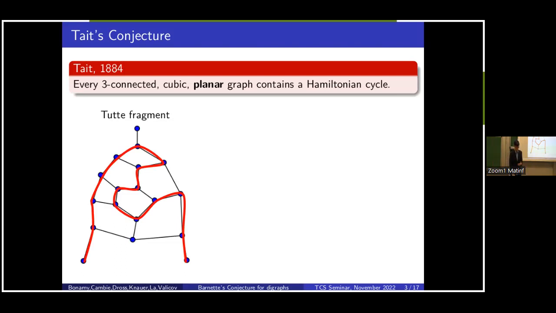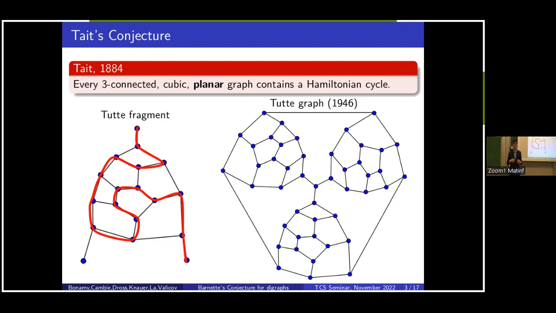And so for it to be a Hamiltonian cycle, it has to use this top edge. And once you have this property, it's pretty easy to see that you can connect these 3 Tutte fragments, through these special edges, to the same vertex to have a vertex of degree 3 in your Hamiltonian cycle. And this is a contradiction. Right? So there have been many other counterexamples to this conjecture which are smaller, but I think this is still the easiest one to understand.